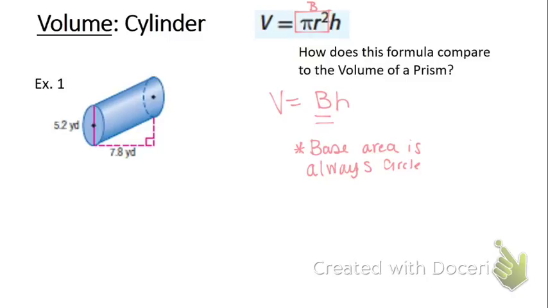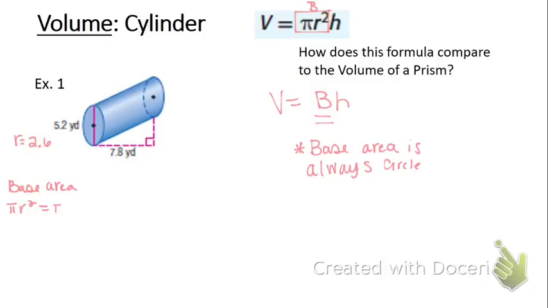Okay, so base area is what we find first, which is pi r squared. What is half of 5.2 for our radius? 2.6. Did you do it in your head? Yeah. Oh, good job.